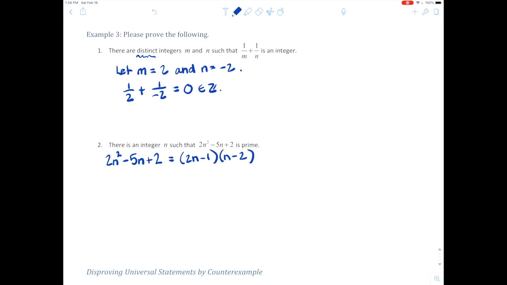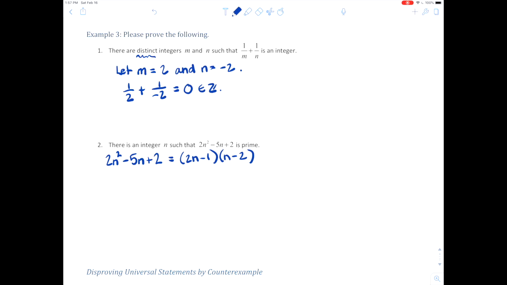Now remember, in order for something to be a prime number, one of the factors needs to be what? One, and the other one needs to be a number that can't be written as a further product, right? And the number that you get has to be greater than 1.